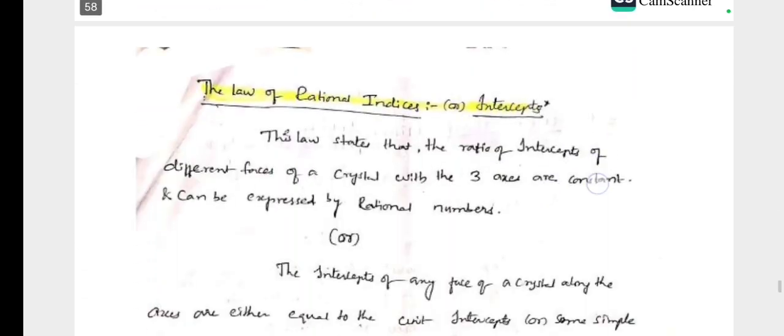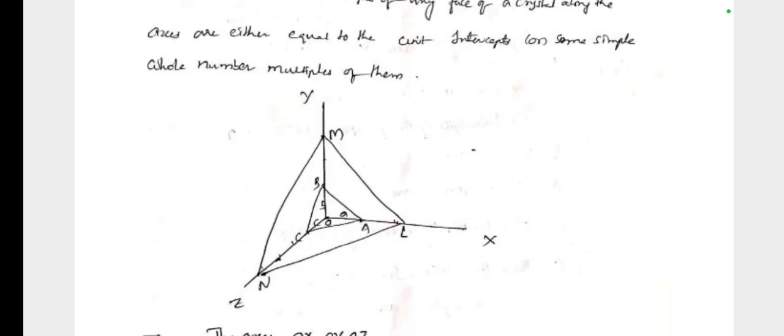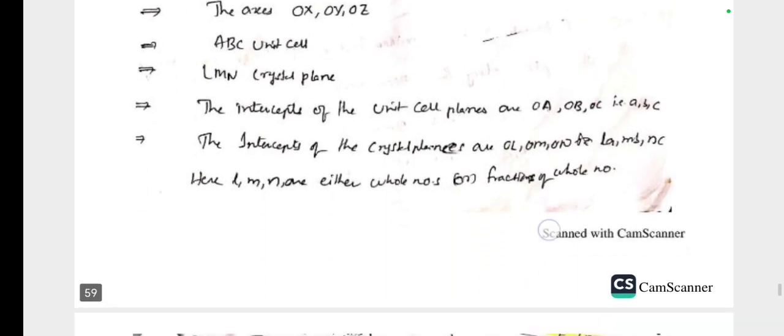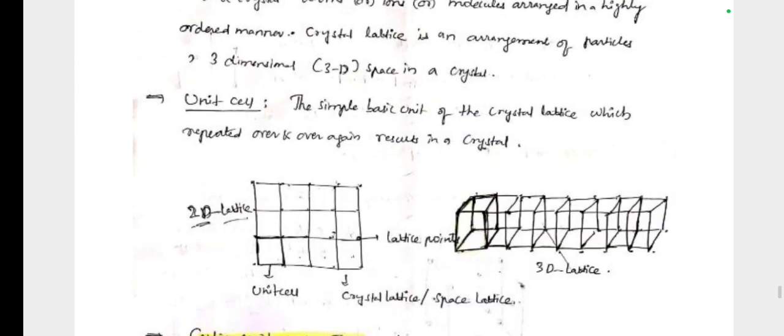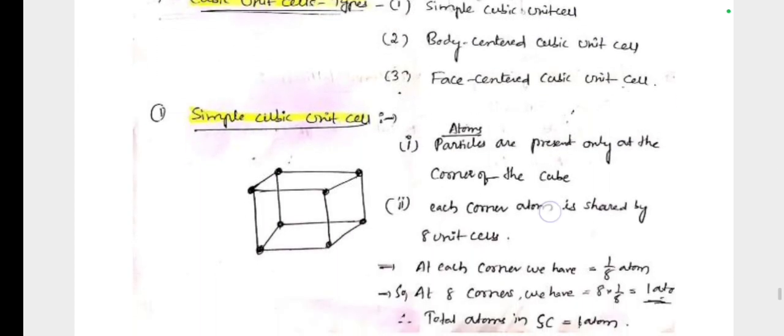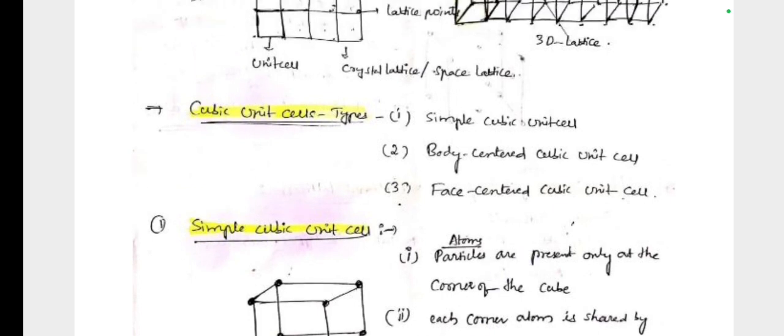Just remember these first points. Don't remember all these points, at least practice the diagrams once. Next, Miller indices diagram. Unit cell, crystal lattice. Definition of unit cell and what is crystal lattice, different types of unit cells.